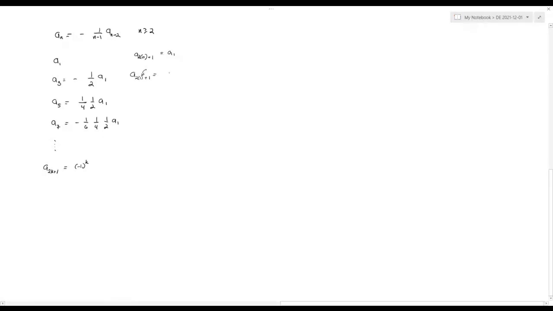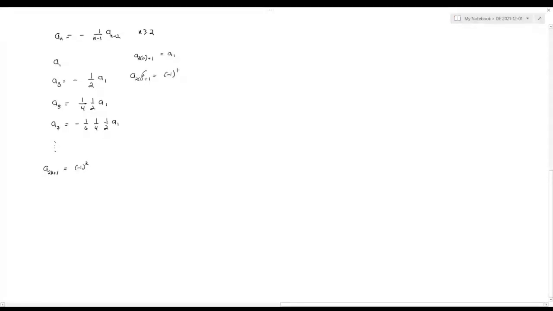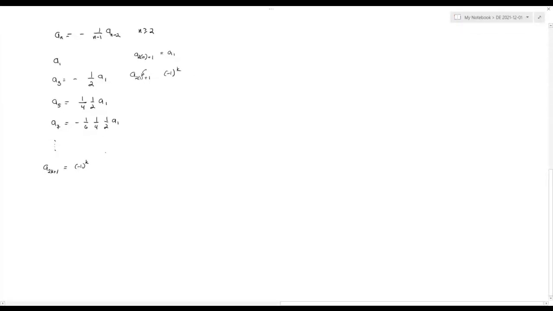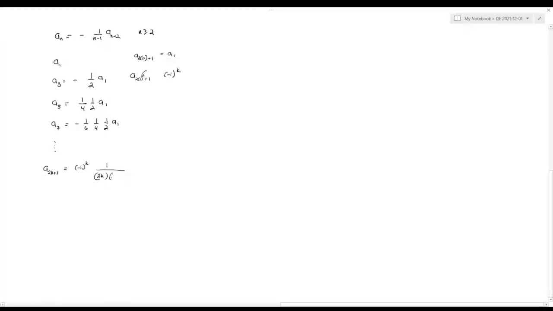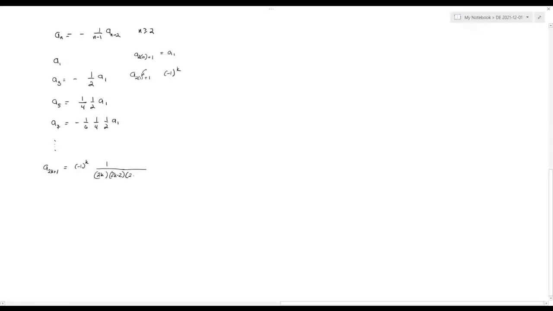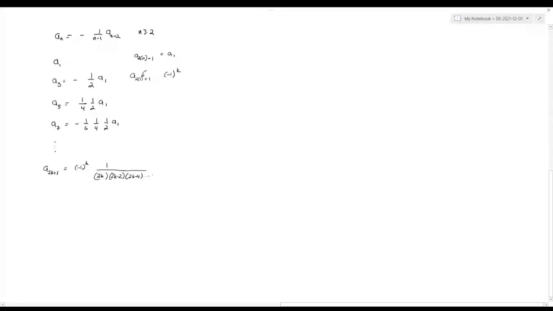So it looks like, yeah, negative 1 to the k. That accounts for the alternating part, and then clearly we have 2k minus 2. We're skipping every other integer because it's just the even integers and so on. And that will go all the way to 2.